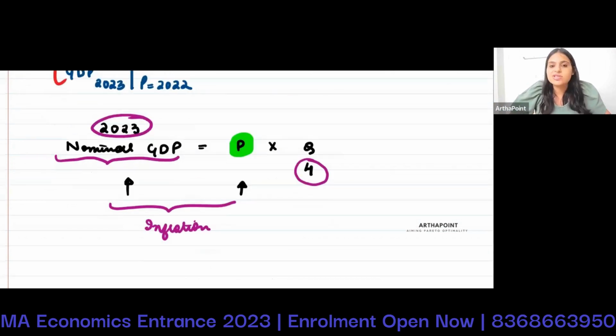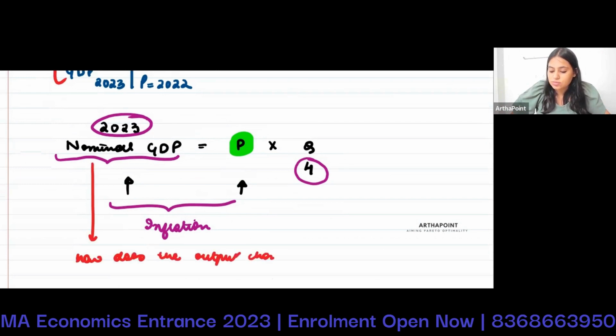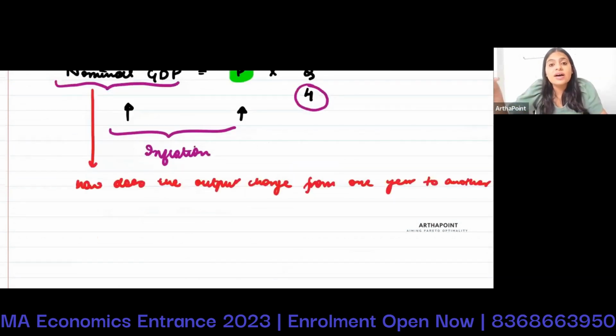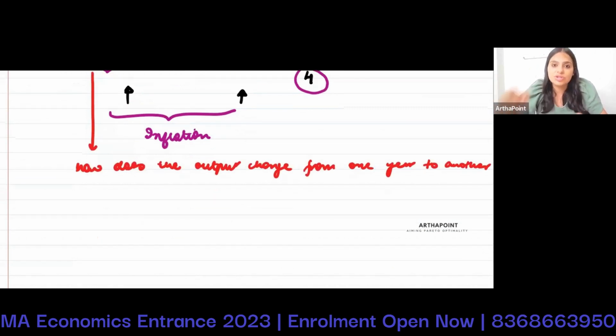But we are not interested in that. We are in fact interested in understanding that how does the output change from one year to another. So in fact, what we are interested in understanding is not the nominal GDP, but the real GDP.